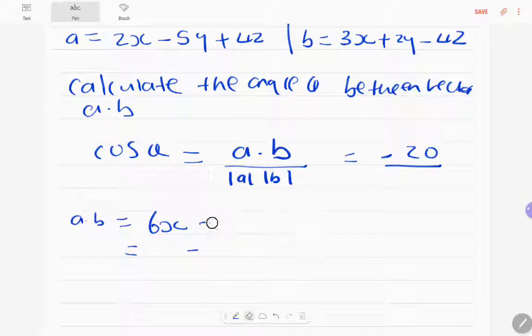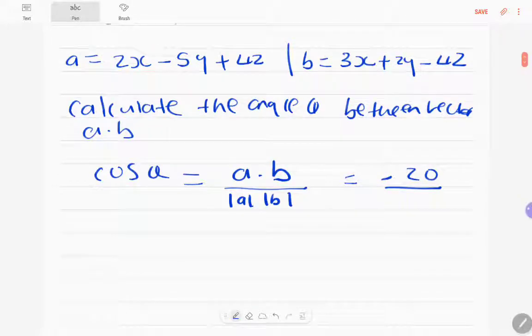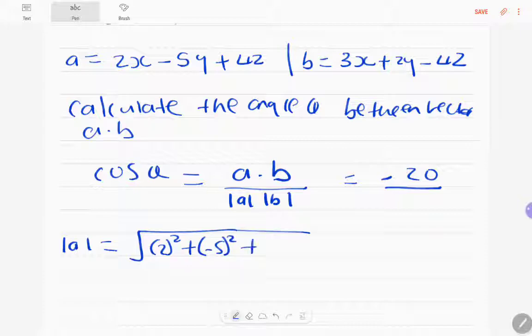Let us find the magnitude of A and the magnitude of B. The magnitude of A is the root of 2 squared plus minus 5 squared plus 4 squared.